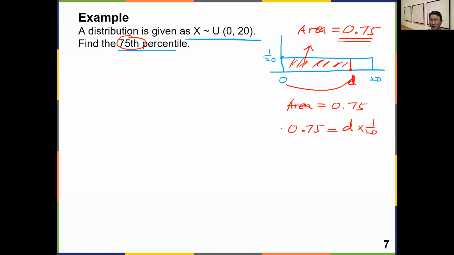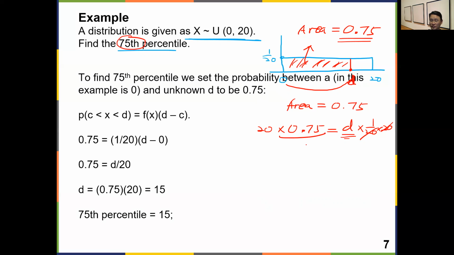So how do I find the D? You multiply 20 on both sides. So this cancels out. This side only has the D. So it's going to be 20 times 0.75. So if you do this, D is going to be 15, just like that.